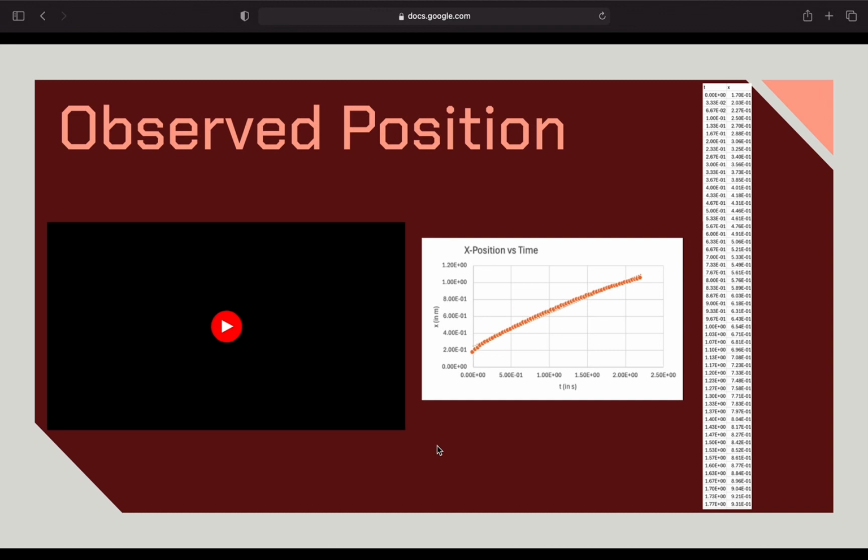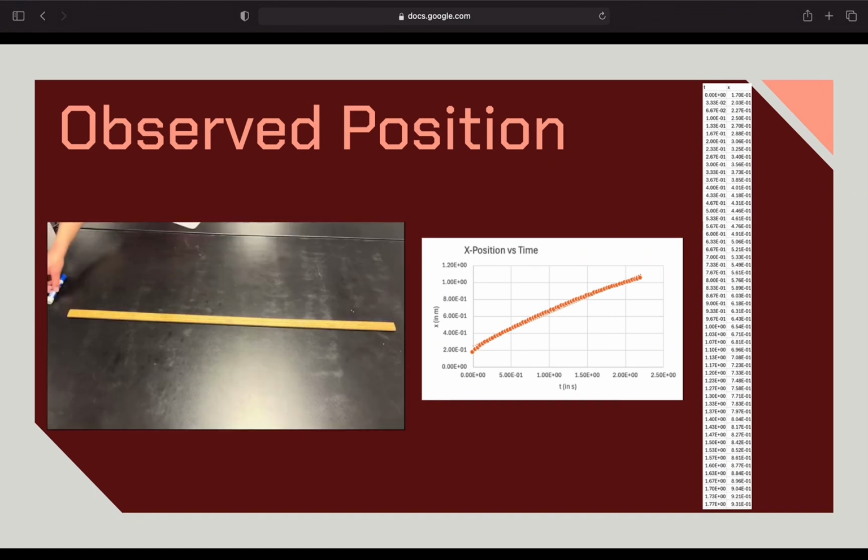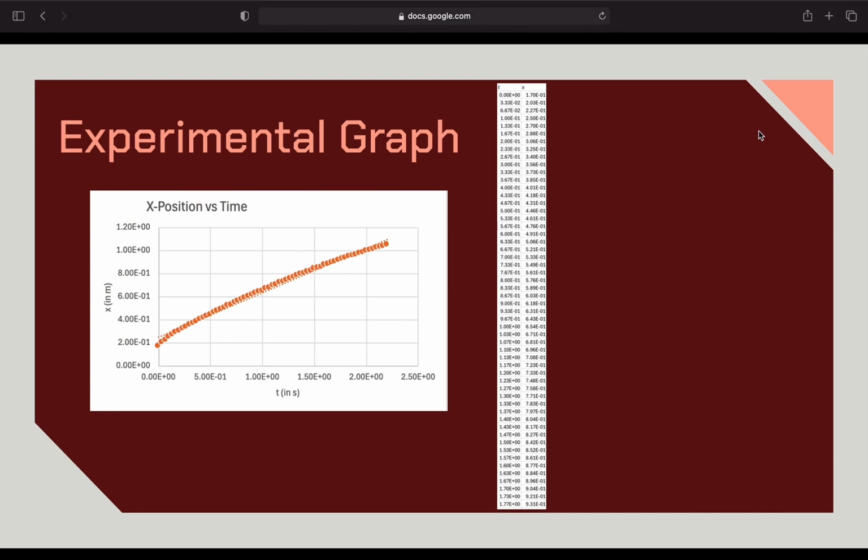We can see here that we have an upward facing slope, and here we have the coordinates of the time and the x position. We can take this into our experimental graph, and we will be comparing this to the computational graph.